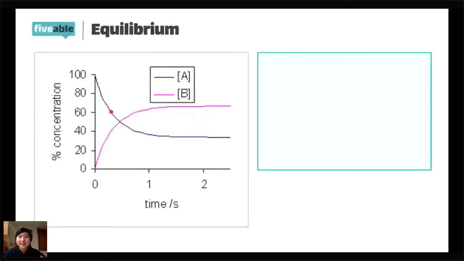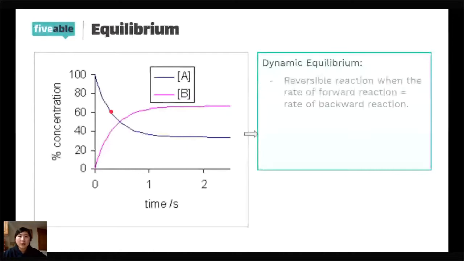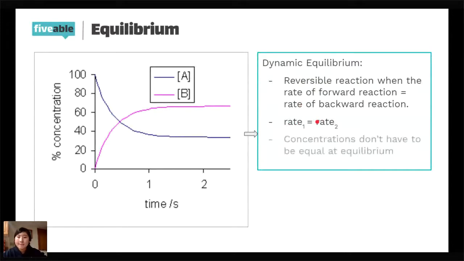Well, the thing is that in dynamic equilibrium, which is basically another word for equilibrium that we use in chemistry, a reversible reaction, when the rate of the forward reaction equals the rate of the backward reaction, which is like rate 1 equals rate 2, that is when you have reached equilibrium.